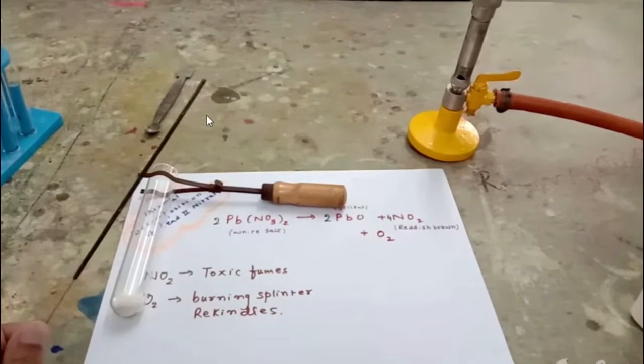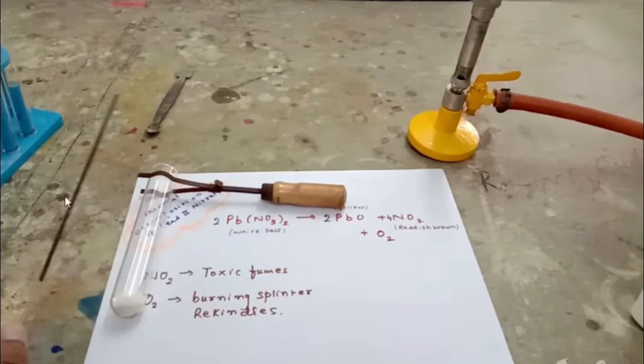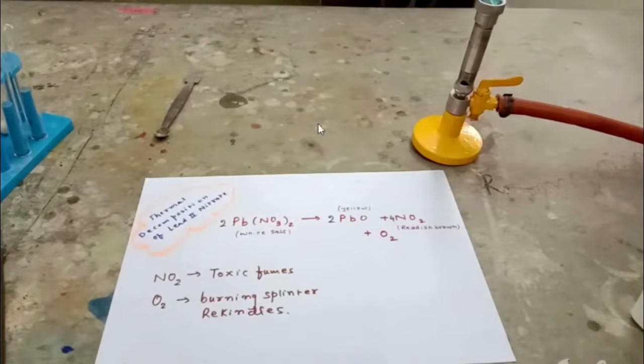And there is an incense stick. This incense stick can be used to test the presence of oxygen. We all know the reaction. Oxygen gas will get liberated, right? How do you know that oxygen is getting liberated? For that we are using this incense stick. So let's see what happens here. See, we are heating in a flame now.